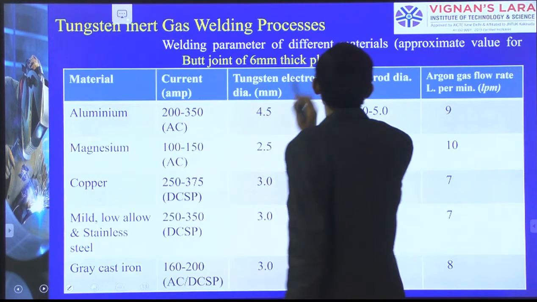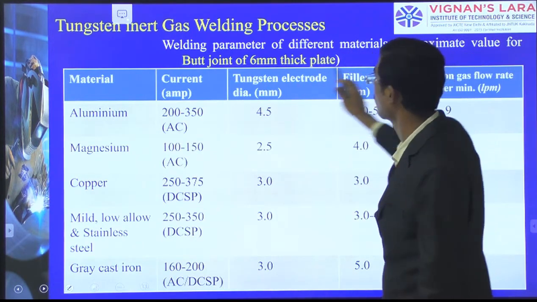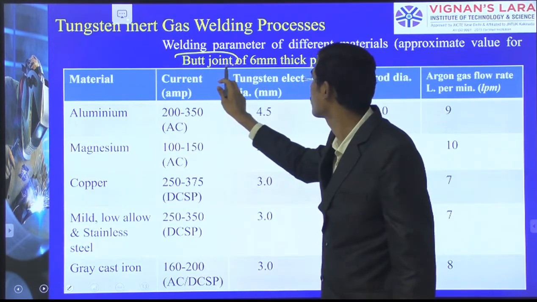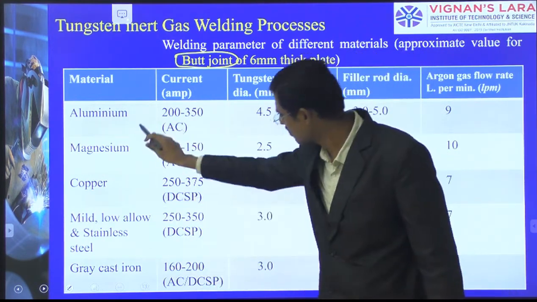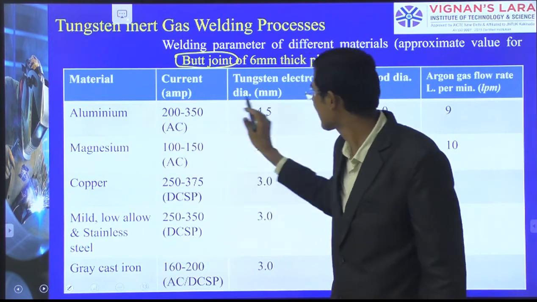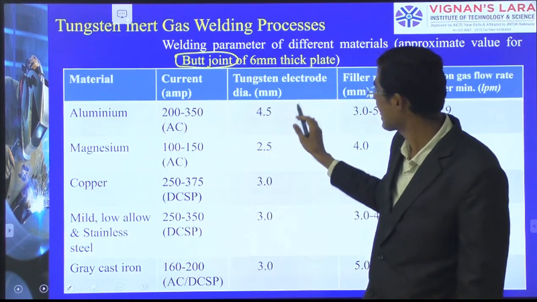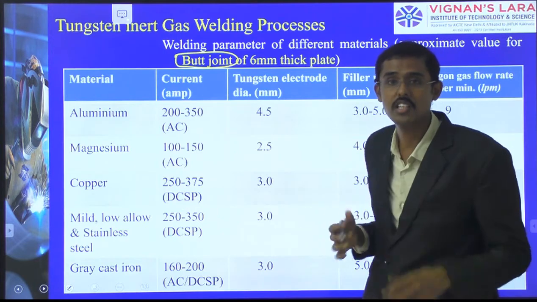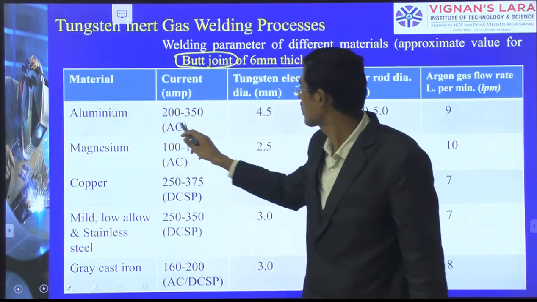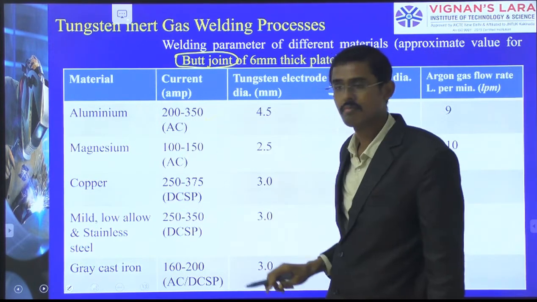Welding parameters for different materials, approximate values for the butt joint I have performed here. I have given some materials: how much current, how much tungsten diameter is available, how much the filler diameter is, and how much argon shielding we should give. For aluminum we can provide 200 to 350.